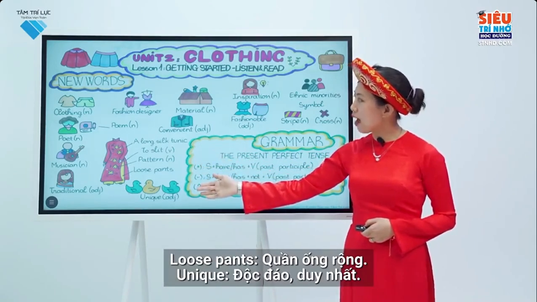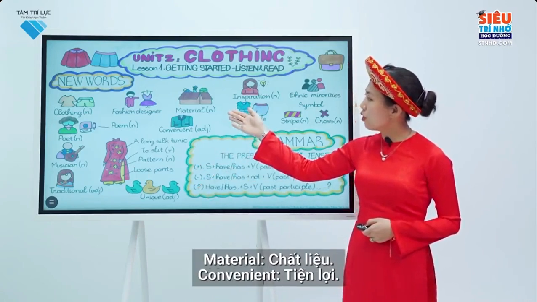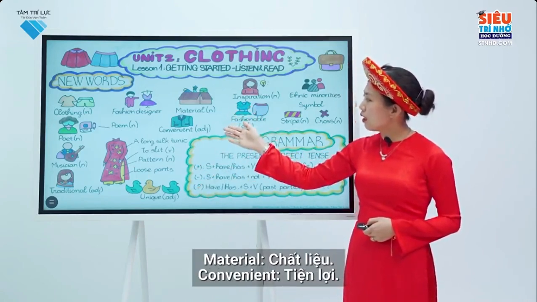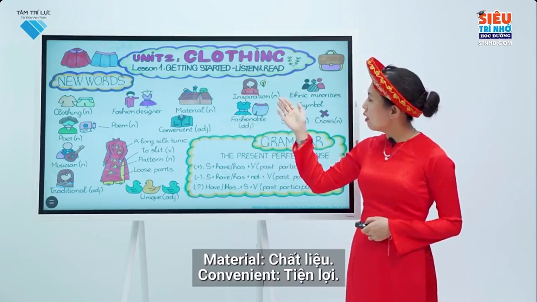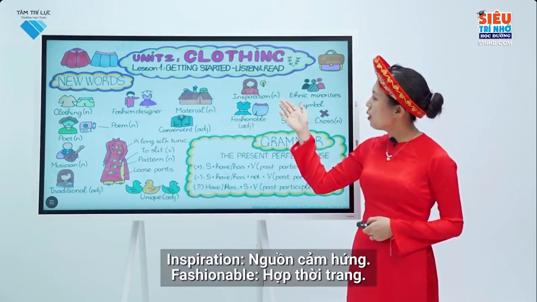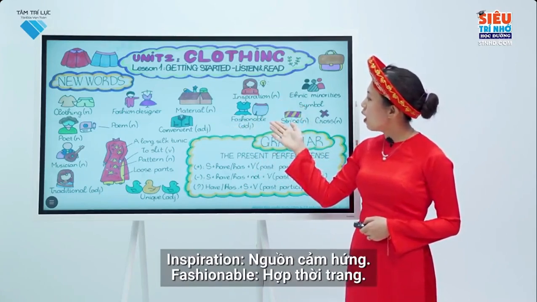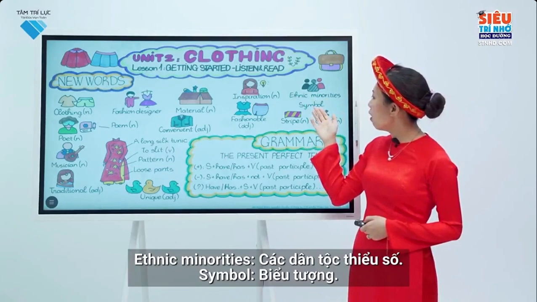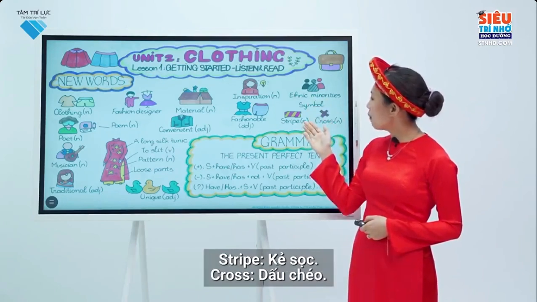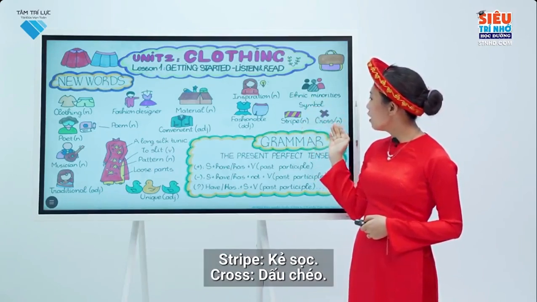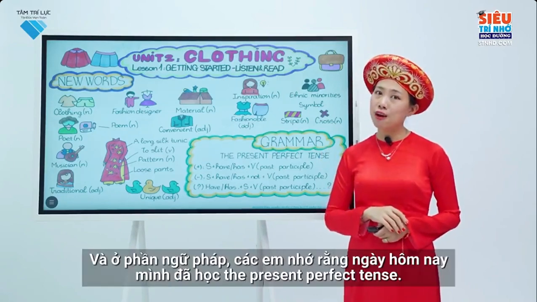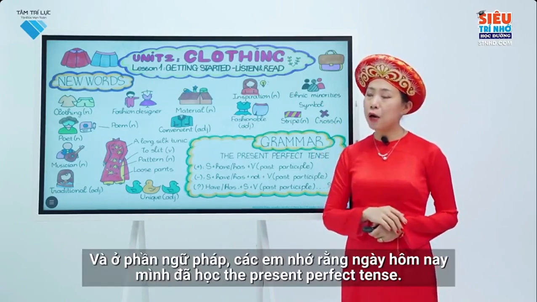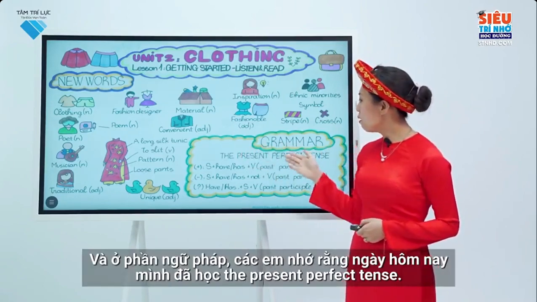Unique. Material. Convenient. Inspiration. Fashionable. Ethnic minorities. Symbol. Stripe. Cross. And about grammar, please remember that today we learnt the present perfect tense.